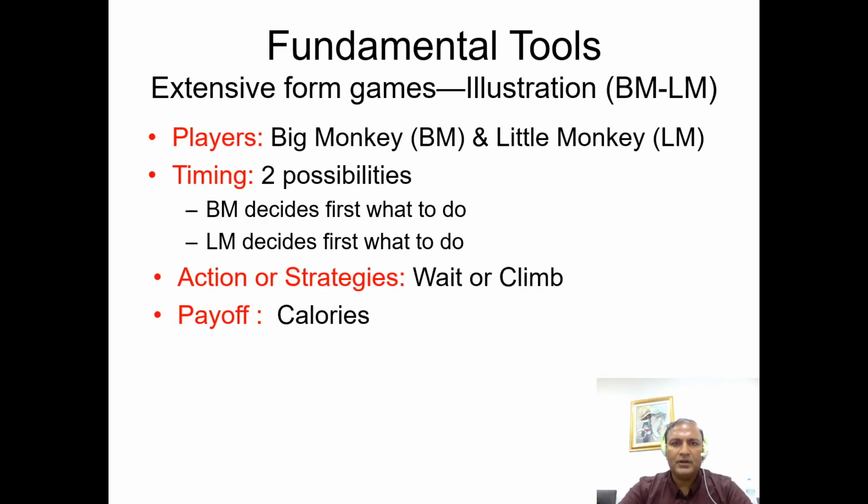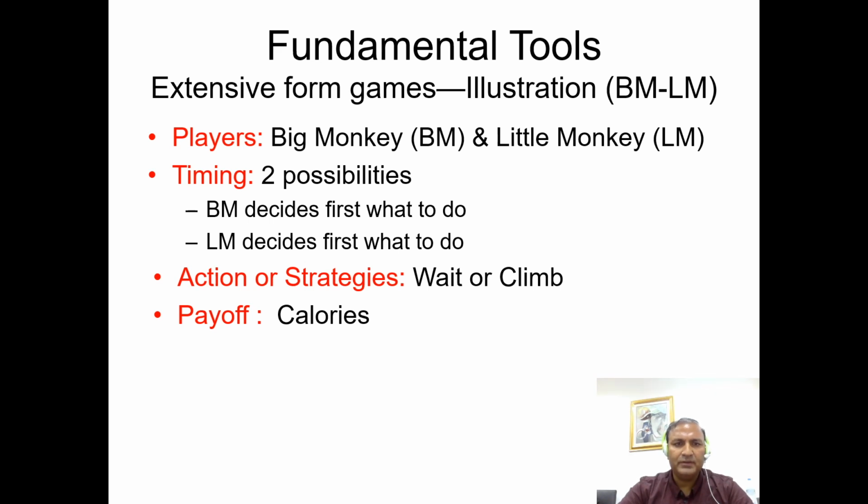So now we can also explain our big monkey and little monkey game in the form of a dynamic game. The first thing that we need to know is what the players are. So in this game we have two players, that is big monkey and little monkey. And then the second thing in the dynamic game is the timing. In this game we have two possibilities.